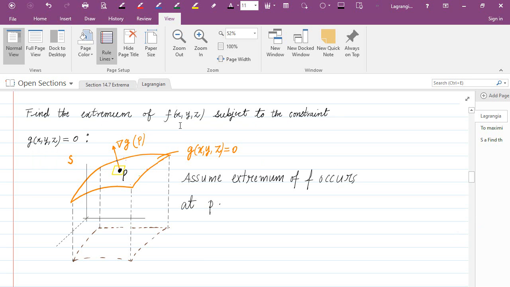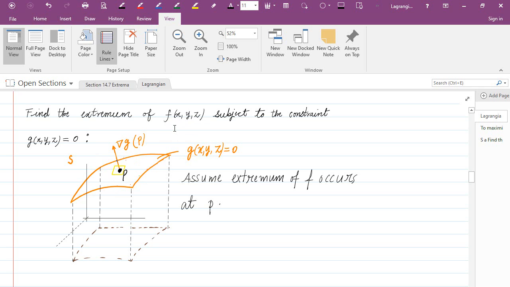So basically then the graph of g(x,y,z) = 0 is going to be a surface, and I'm calling that S, and again, you can think of that as the level surface of the function g. And basically we are restricting the domain of f to this surface S, and we want to find the maximum and minimum of f on the surface S.